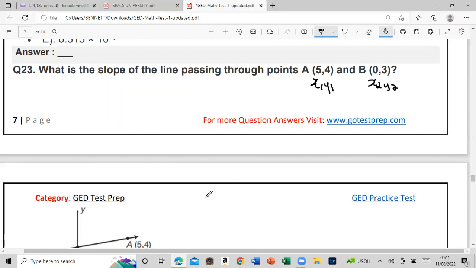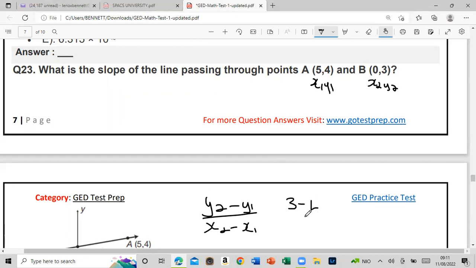So the formula says y2 minus y1 over x2 minus x1. So let's do the math. So that's 3 minus 4 over 0 minus 5. So that's what? Negative 1 over negative 5. So that's 1 over 5.